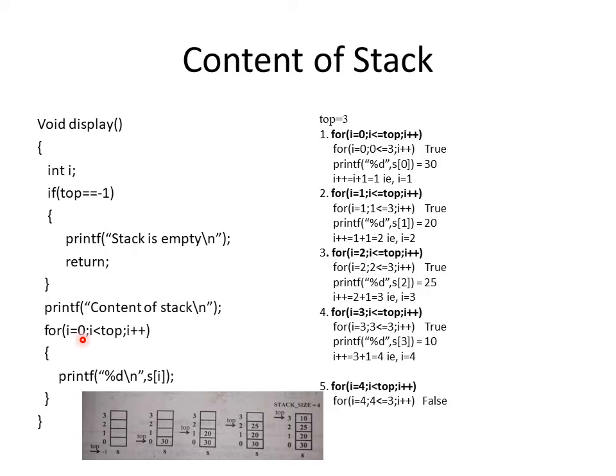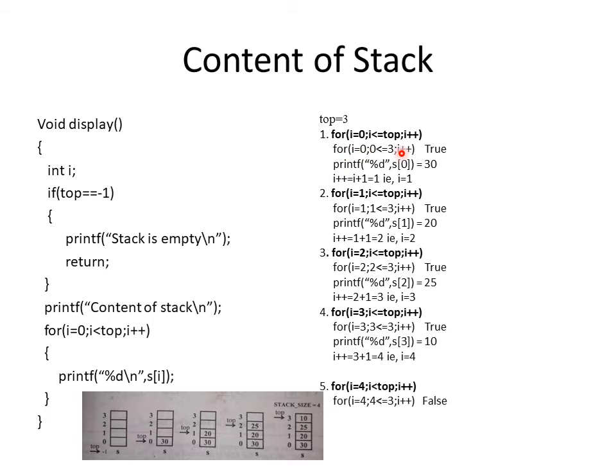For I equals 0, here I am initializing I equals 0, and I is less than or equal to top. That means I am comparing I with top, and after that I am printing the value which is in S of I. Then after that I am incrementing. Here I am showing side by side the example with this diagram. Top equals 3. For I equals 0, initially the topmost element is 3.